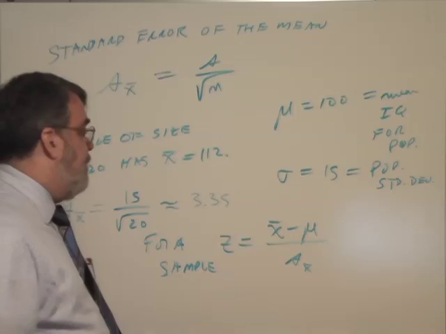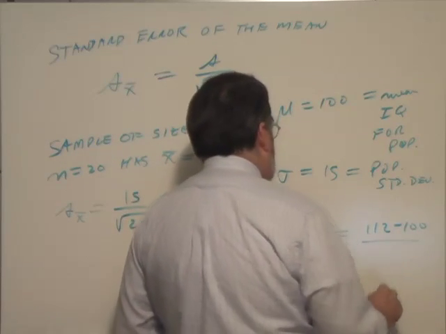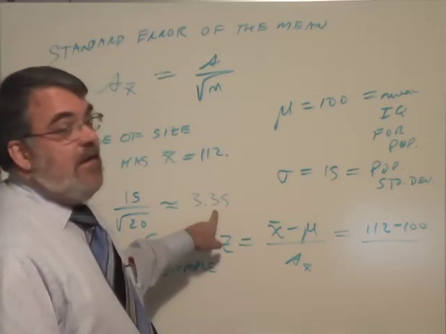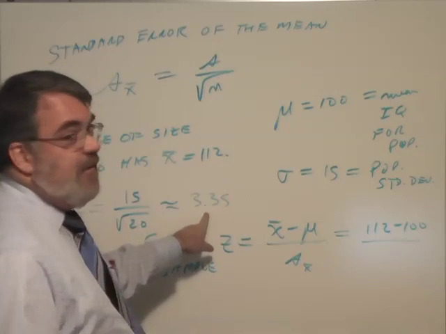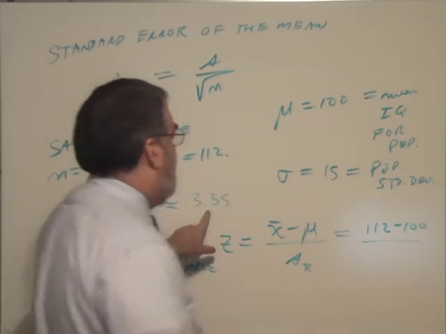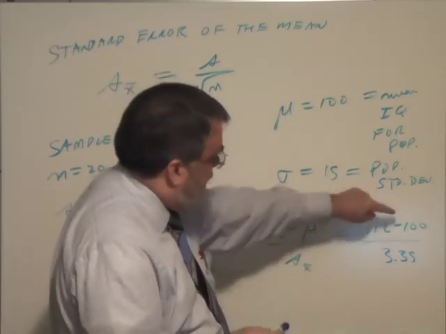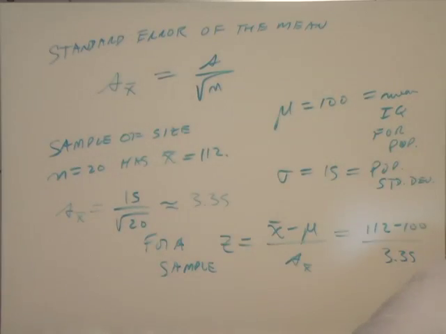The z-score would be 112 minus 100 divided by this standard deviation. Not the 15, but the standard deviation for a sample of 20 people, the standard error of the mean, divided by 3.35. Alright, so this is going to be 12 divided by this number.